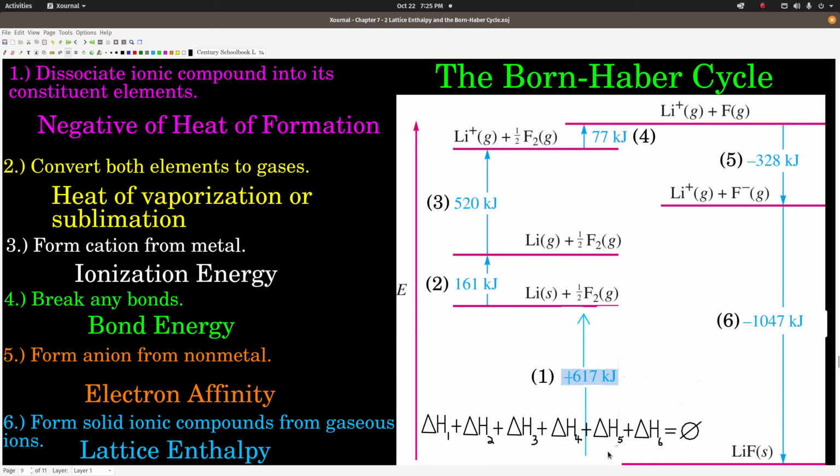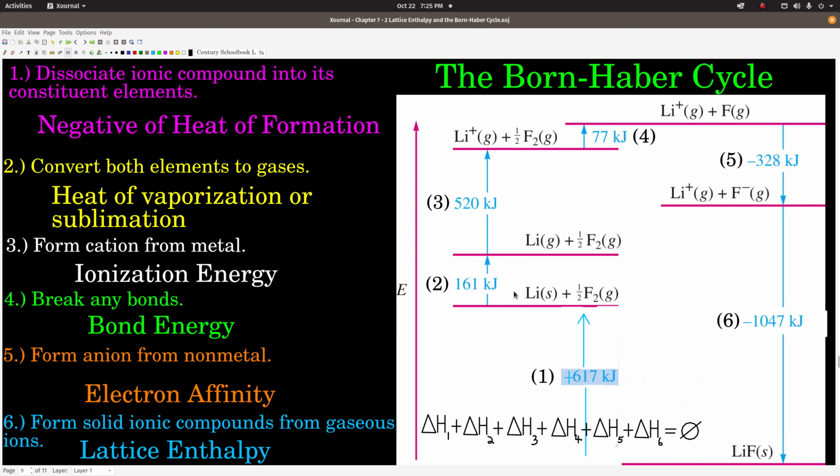And so breaking apart lithium fluoride into its constituent elements, solid lithium, that's the elemental form of lithium, and fluorine gas, which is the elemental form of fluorine. And we balance it because there's one fluorine atom here, we have to put a 1/2 here. So again, we're breaking the compound up into its elements in their elemental forms. So we can look up that energy change.